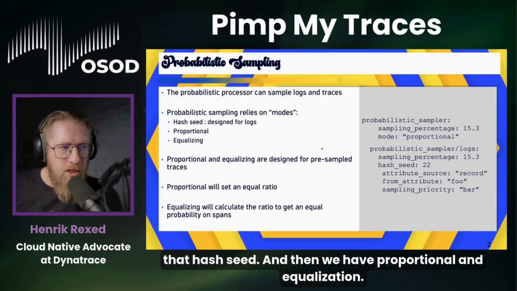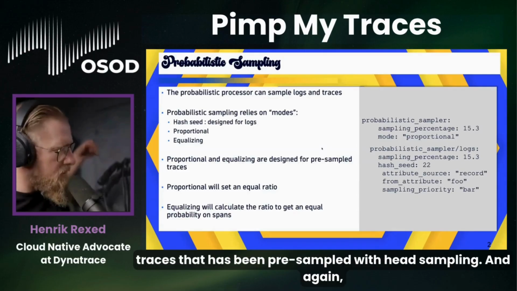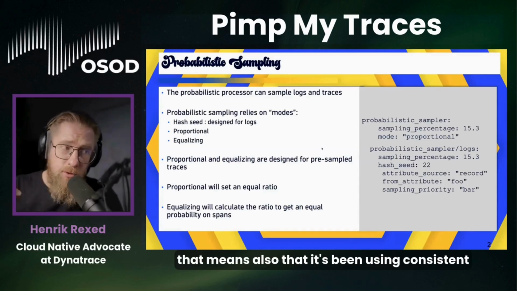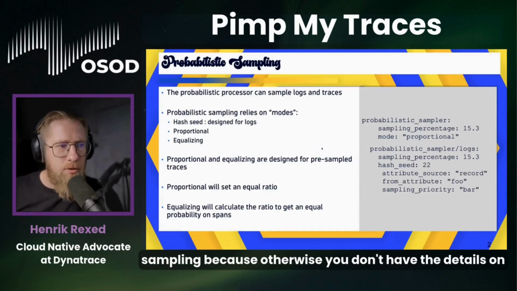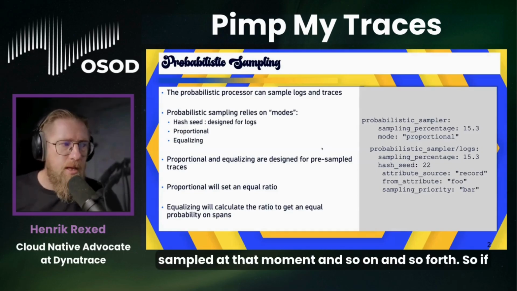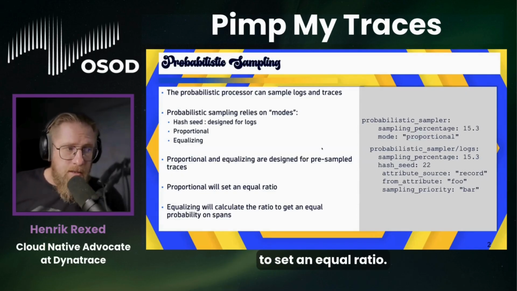And then we have proportional and equalization. They are basically designed for traces that have been pre-sampled with head sampling. And again, that also means it's been using consistent sampling, because otherwise you don't have the details on what was actually sampled at that moment. So proportional will be set to an equal ratio.